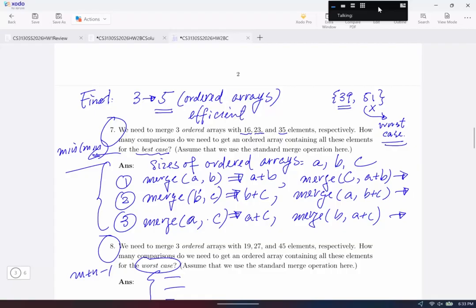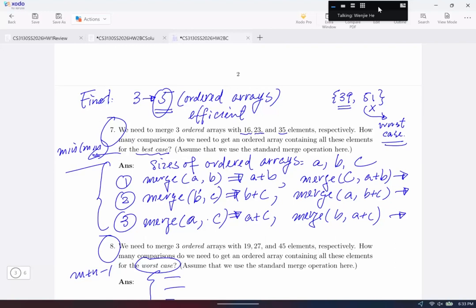Otherwise, too much work, because when you have 5 ordered arrays, you have too many different combinations, a large number of cases. Which one is the best you can get? Sometimes it's hard to see.